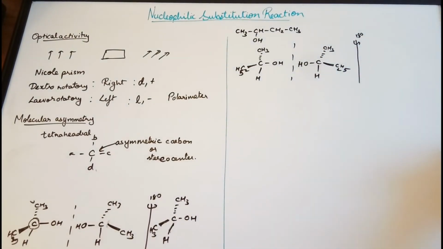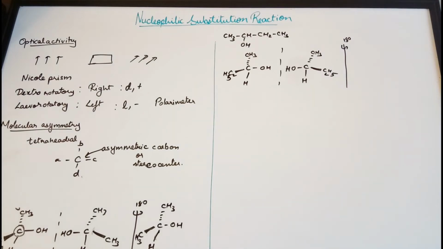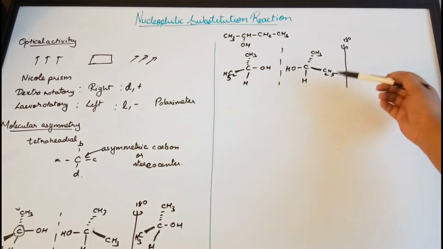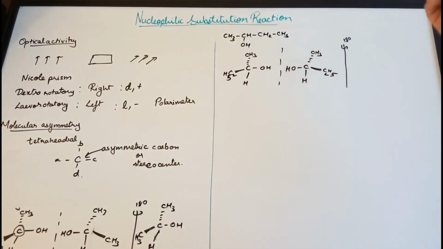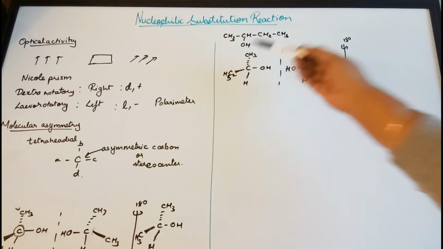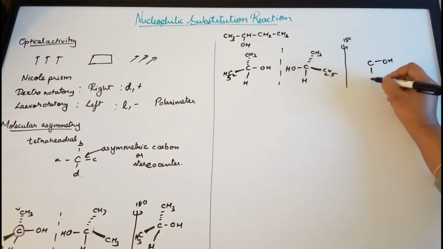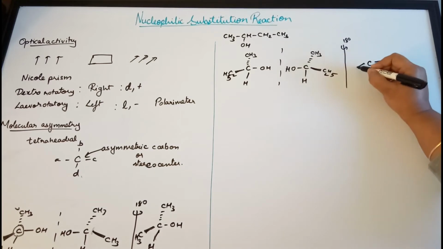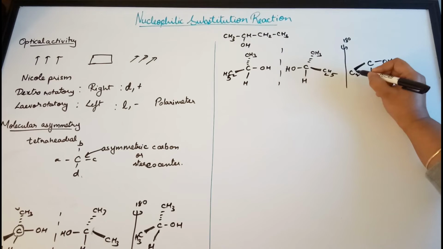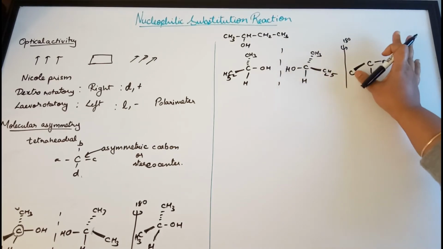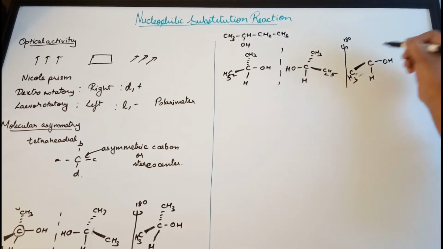When we rotate it, these two tend to flip, so this is going to go back and this is going to come forward. Despite looking quite similar to the first structure, this structure is actually a non-superimposable mirror image.